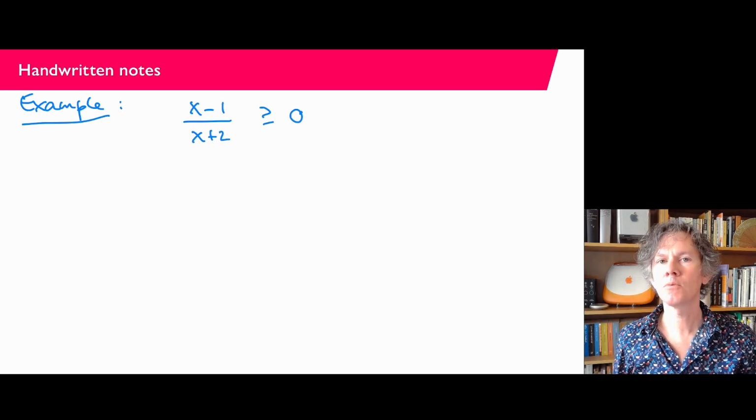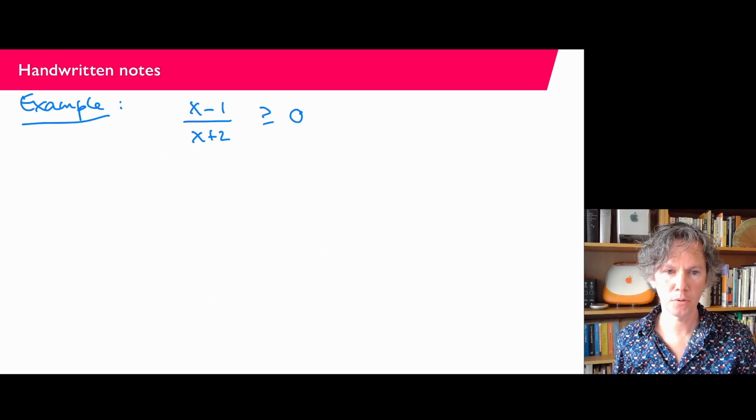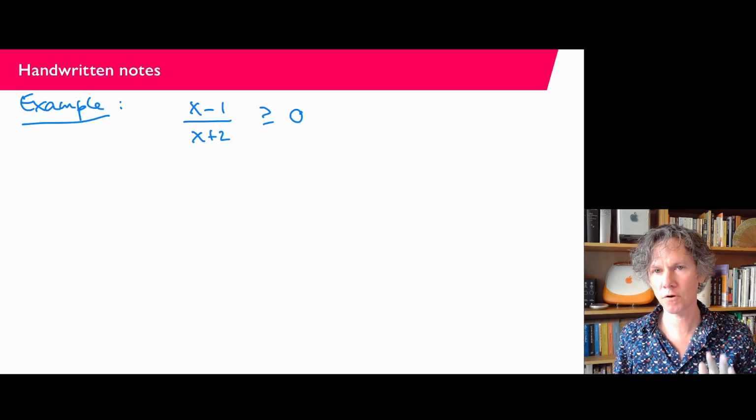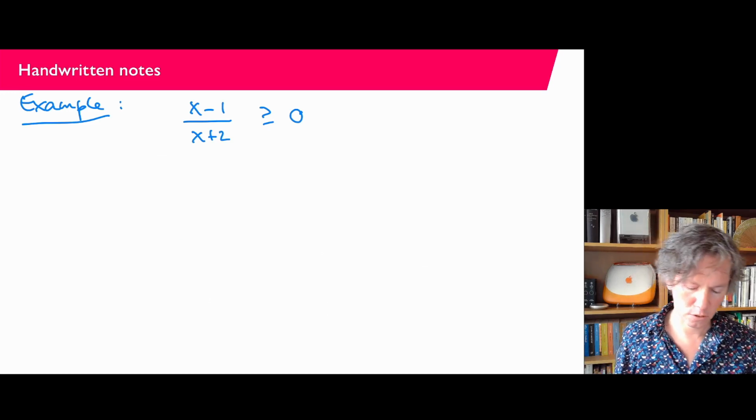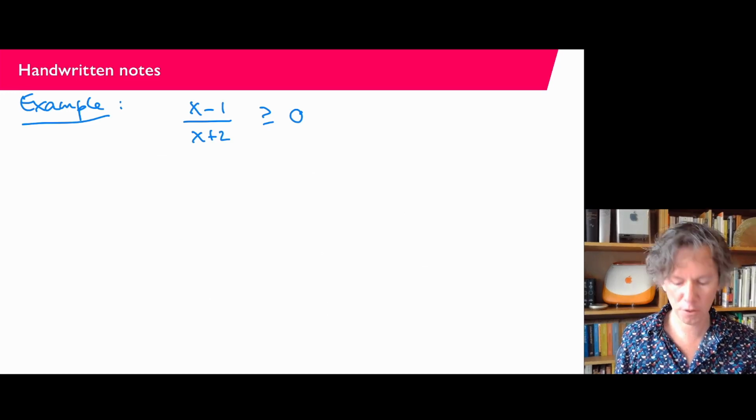The reason is that we do not know whether x plus 2 is a positive or a negative number, so which sign we should keep track of. And then we can make case distinctions, but that's going to give headaches very, very quickly. So what we do here is we make a sign chart. First we look where the numerator and denominator are 0.